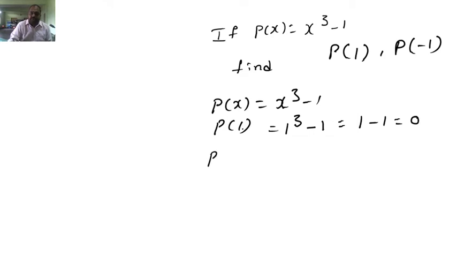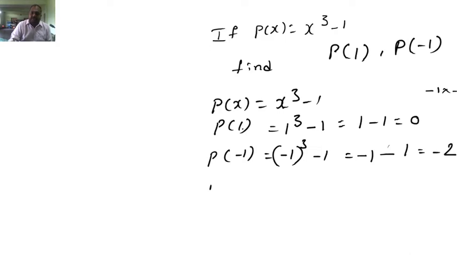Suppose p of minus 1. Instead of x you substitute minus 1 whole cube minus 1. Minus 1 whole cube will become minus 1, because minus 1 into minus 1 into minus 1: minus into minus is plus, plus into minus is minus 1. So minus 1 minus 1 is equal to minus 2.